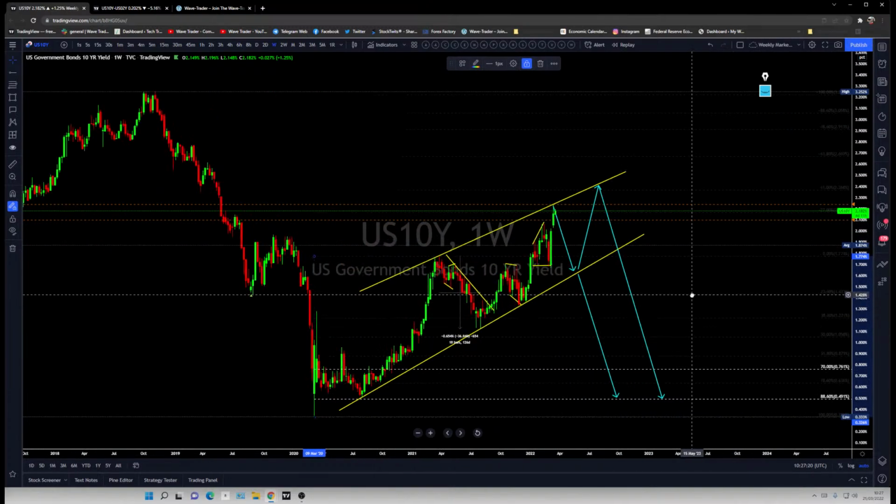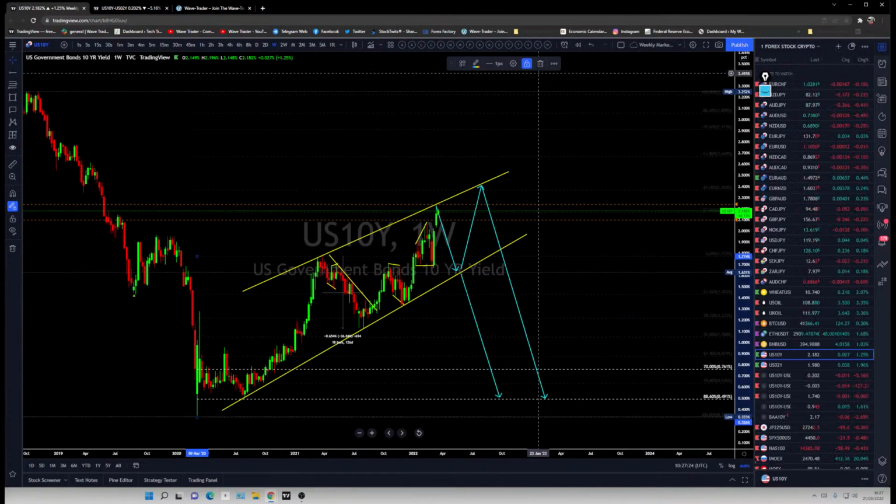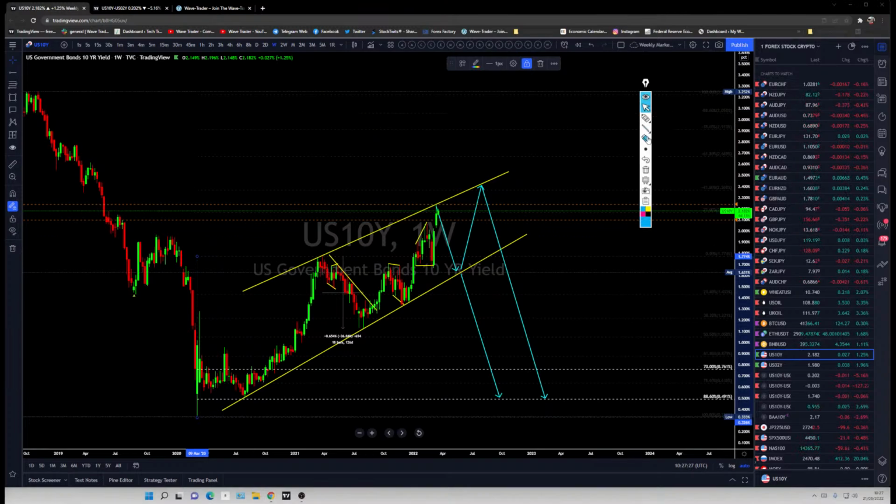Let's say the 10-year yield pushes another 100 basis points and goes up to 3%, or 3.10.